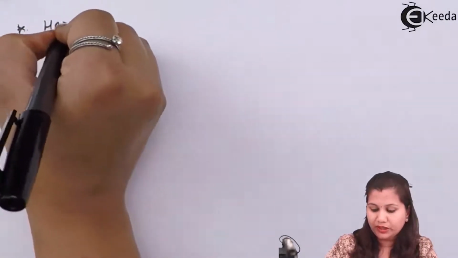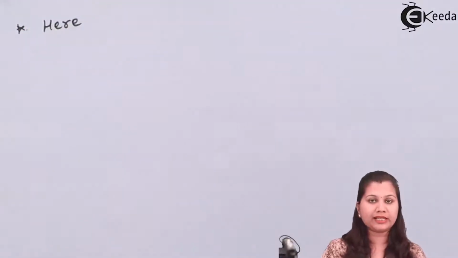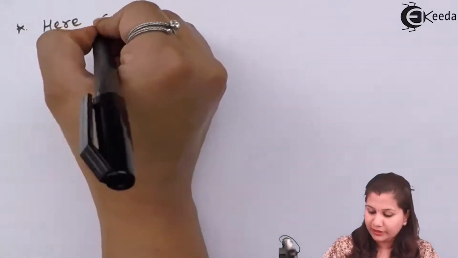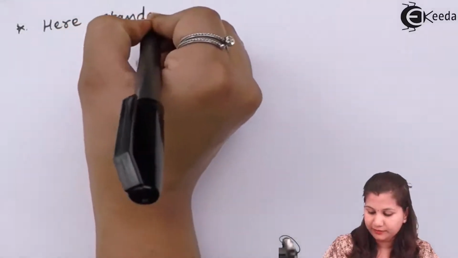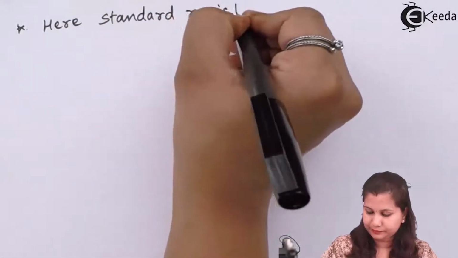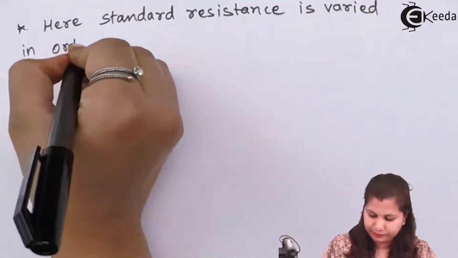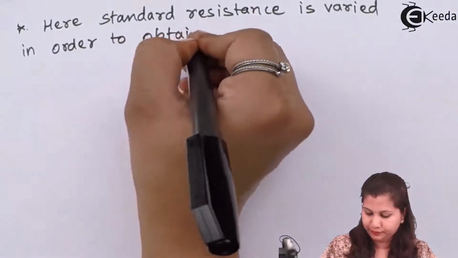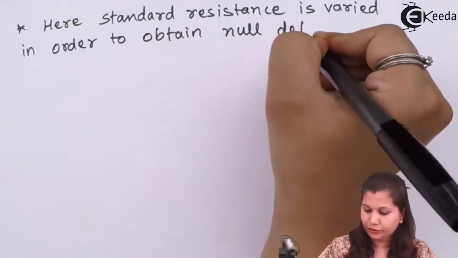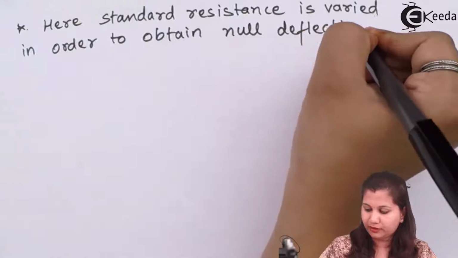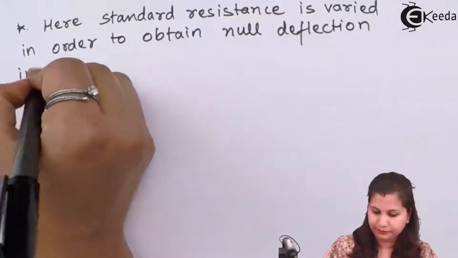Now here, because the principle says that we have to vary a parameter until the galvanometer shows 0, standard resistance is varied in order to obtain null deflection in the galvanometer.